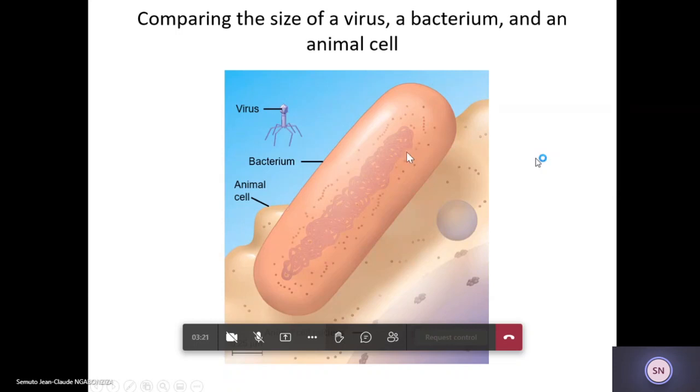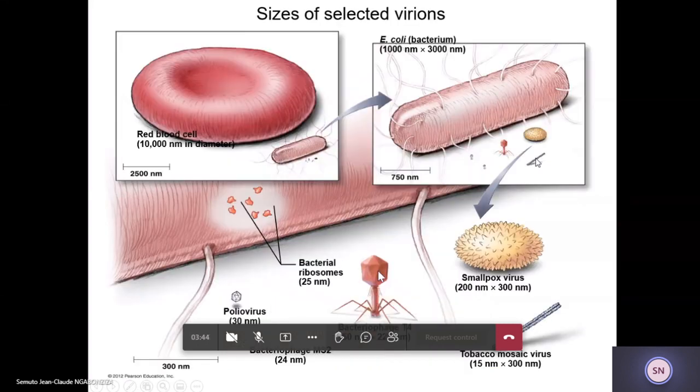So we have seen that viruses are very small. If you compare to a bacterium, you can see a bacterium as this, while an animal cell is as huge as this. So the viruses are always very teeny compared to the bacterium, but also to the animal cell. I think you have seen this image earlier. They can be comparable to bacterial components like ribosomes.